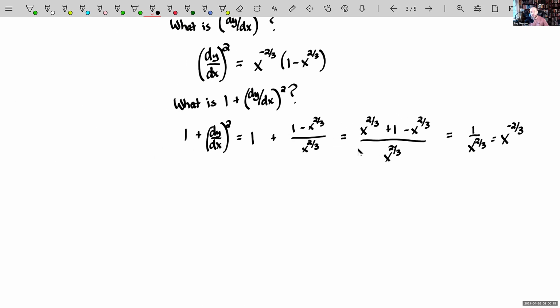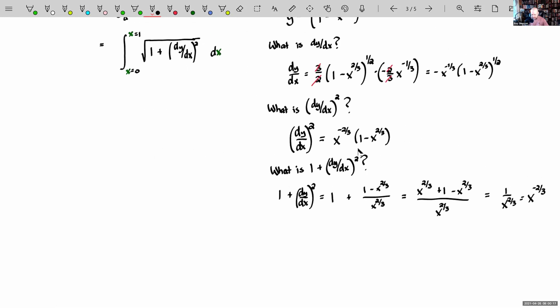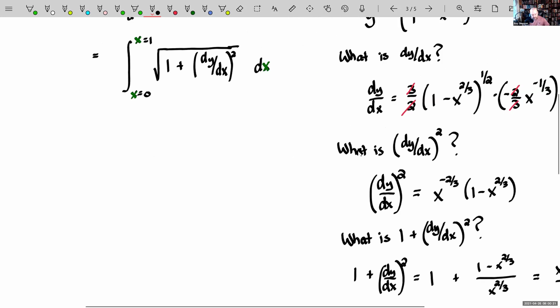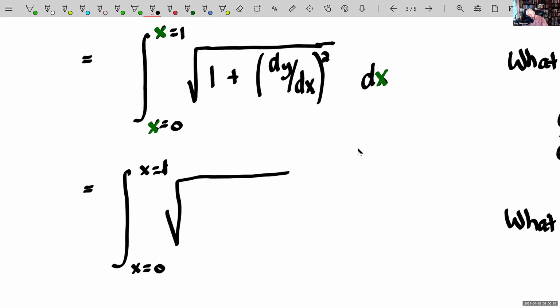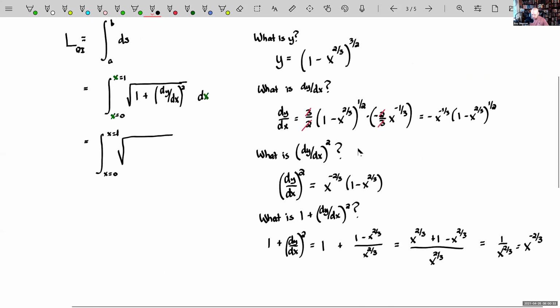And now let's plug that in our integral. Our integral is the integral from x equals 0 to x equals 1 of the square root of that 1 plus dy dx squared, which we just computed to be x to the negative 2/3.